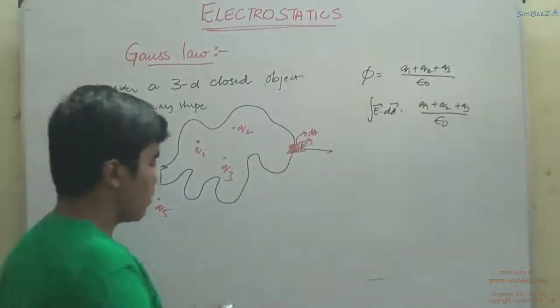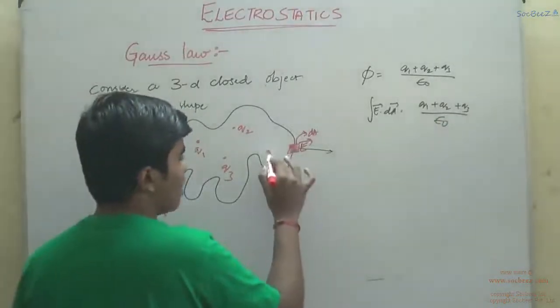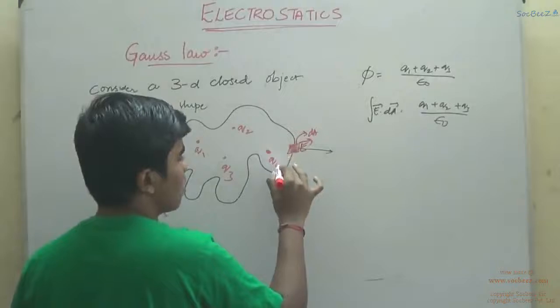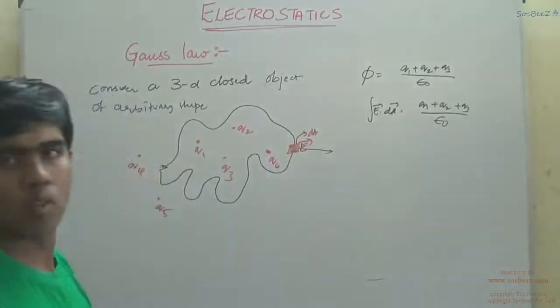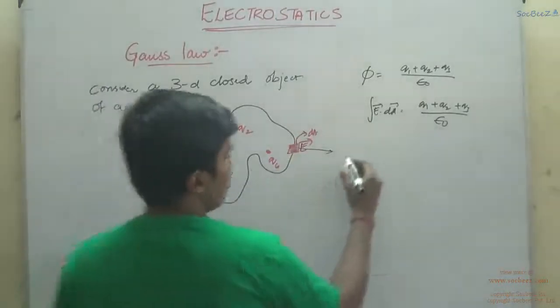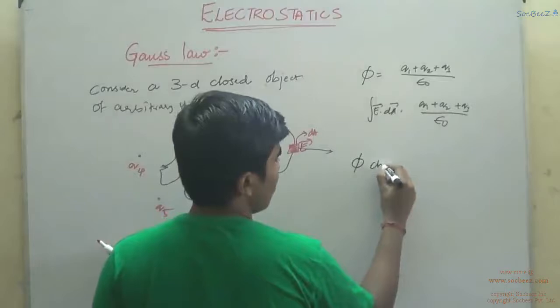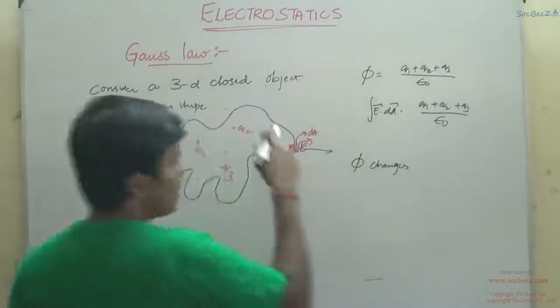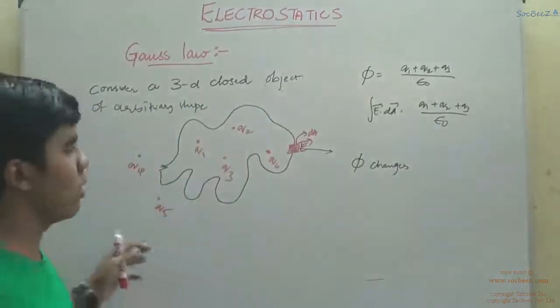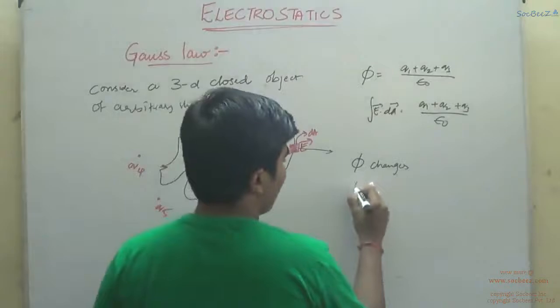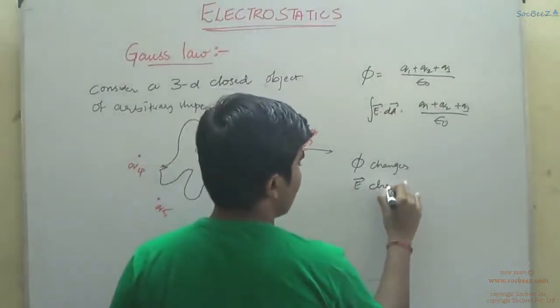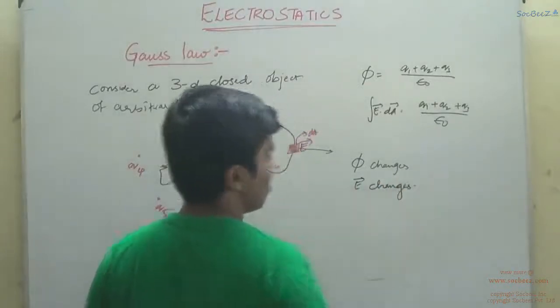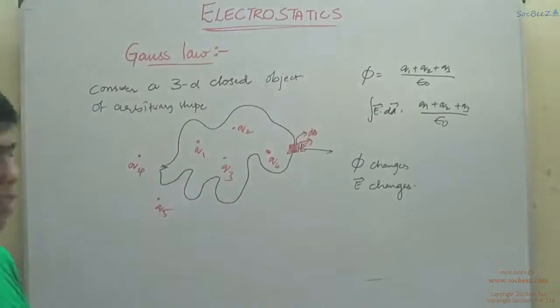So what if I add another charge here, Q6? In this case, flux changes because the charge enclosed inside it changes. Also the electric field changes because there is an inclusion of a new charge.